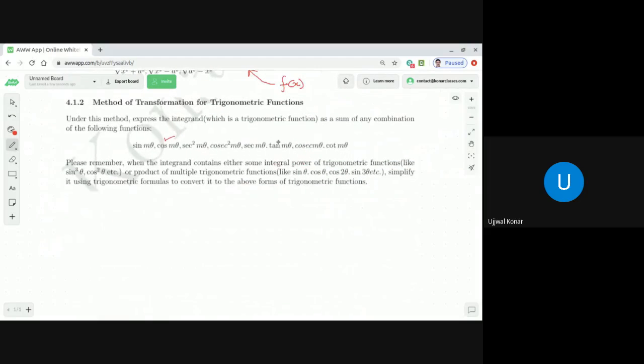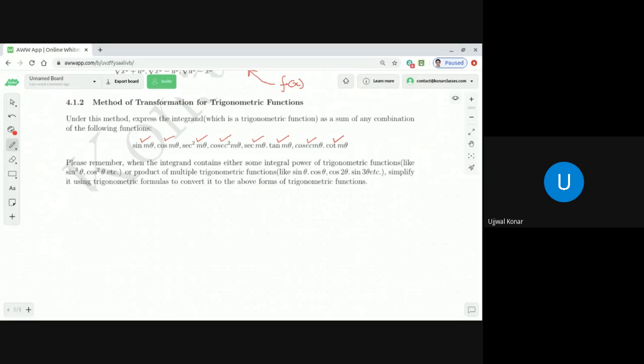I repeat, under this method, express the integrand, which is a trigonometric function, as a sum of any combination of the following functions like sine m theta, cos m theta, sec square m theta, cosec square m theta, sec m theta, tan m theta, cosec m theta, cot m theta.